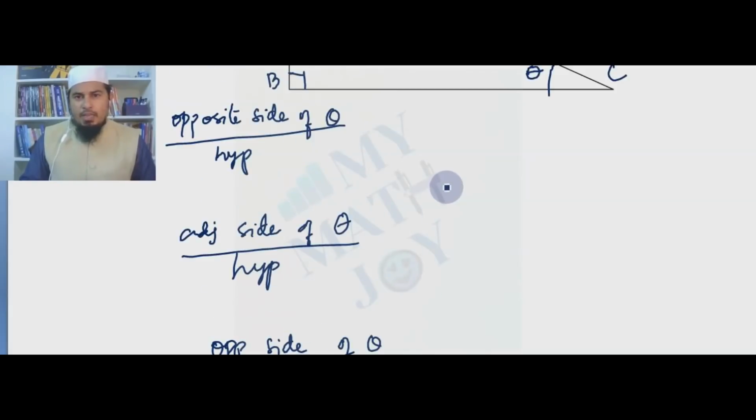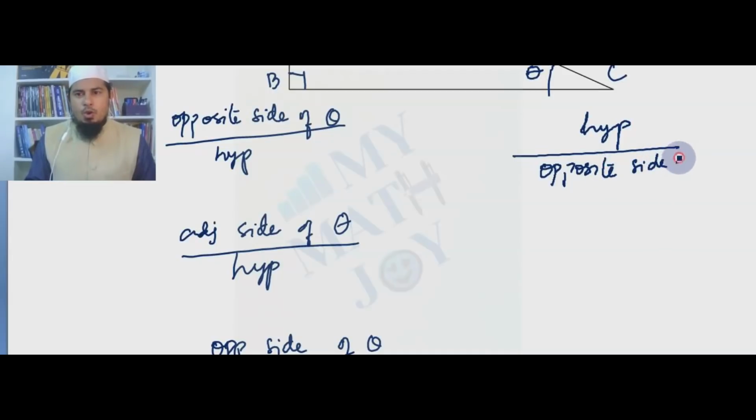There can be a ratio just reciprocal to this: hypotenuse divided by opposite side of theta. And there can be a just reciprocal of hypotenuse divided by adjacent side of theta.